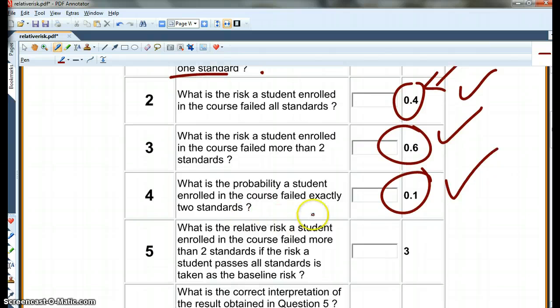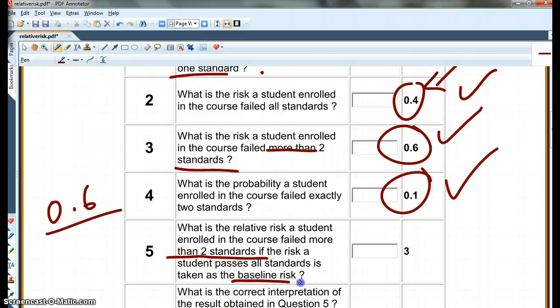What is the relative risk a student enrolled in the course failed more than 2 standards, if the risk a student passes all standards is the baseline risk? So the more than 2 standards was 0.6.